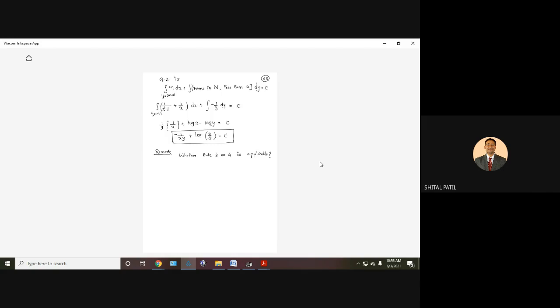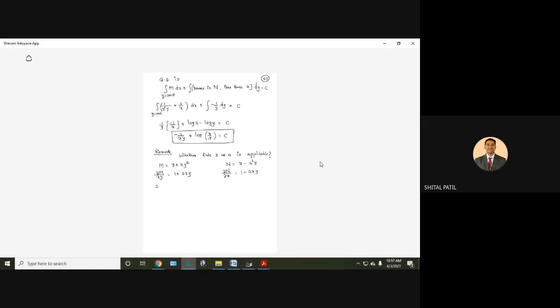Okay, so we have m like this, y plus xy squared. We have n like this. We have del m by del y equal to 1 plus 2xy, and del n by del x equal to 1 minus 2xy.